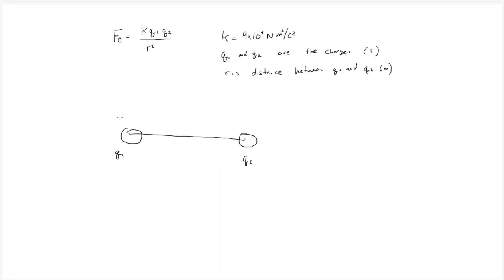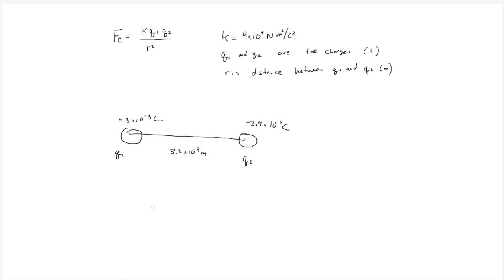And let's say Q1 has a charge of 4.3 times 10 to the negative 3 Coulomb, and Q2 has a charge of negative 2.4 times 10 to the negative 6, how about that, Coulomb, separated by 3.2 times 10 to the negative 3 meters. And all I have to do is plug it all in and get a number out.